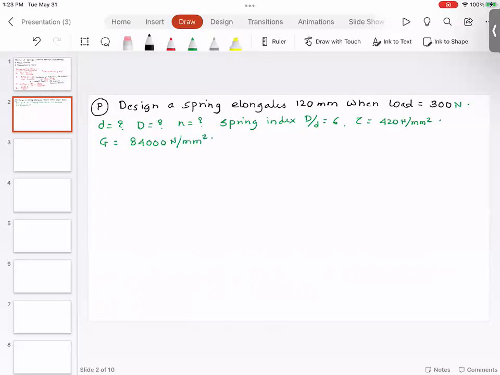So first and foremost, we have to use the equations that are needed to find the coil diameter and the wire diameter. So we'll start with the first equation. Design stress.